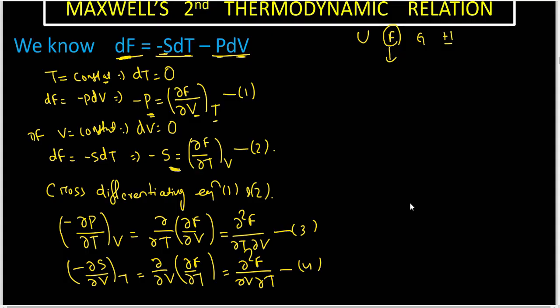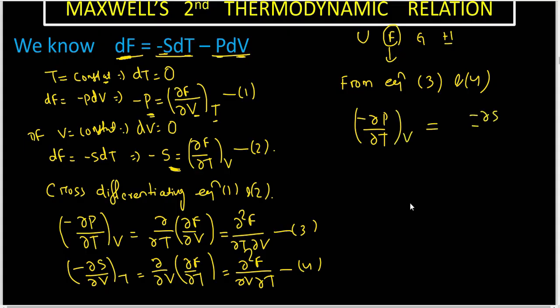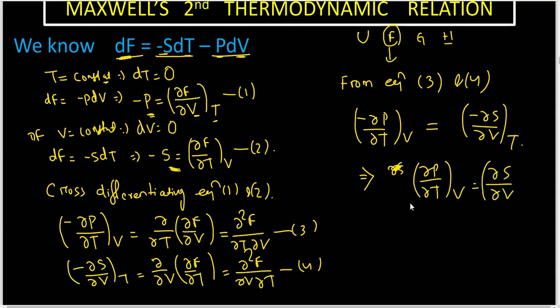So from equation 3 and 4 we get minus ∂P/∂T at constant V is equal to minus ∂S/∂V at constant T. We can write both side negative sign cancel out, so the result will be ∂P/∂T at constant V is equal to ∂S/∂V at constant T. This one is the Maxwell's second thermodynamic relation.